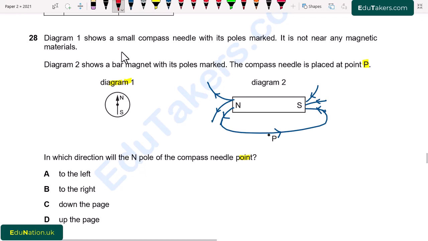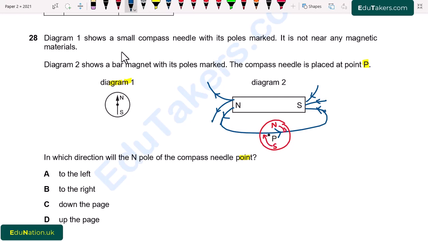Next, when I place the compass needle at the point P, like that, first of all north is upward while the south is downward. When this compass needle is placed near the bar magnet, we know that the magnetic field inside this compass will be from south to north. It means that south shifts here and north shifts here.